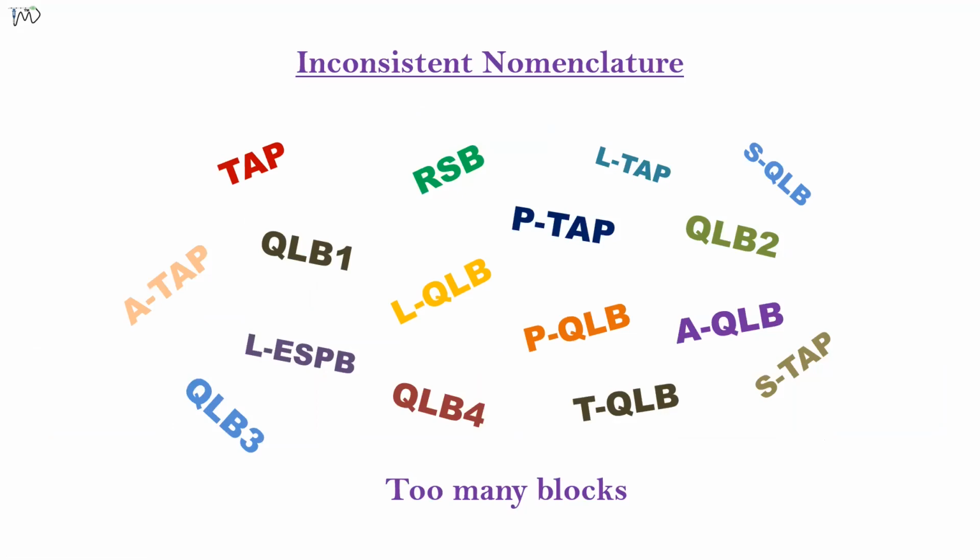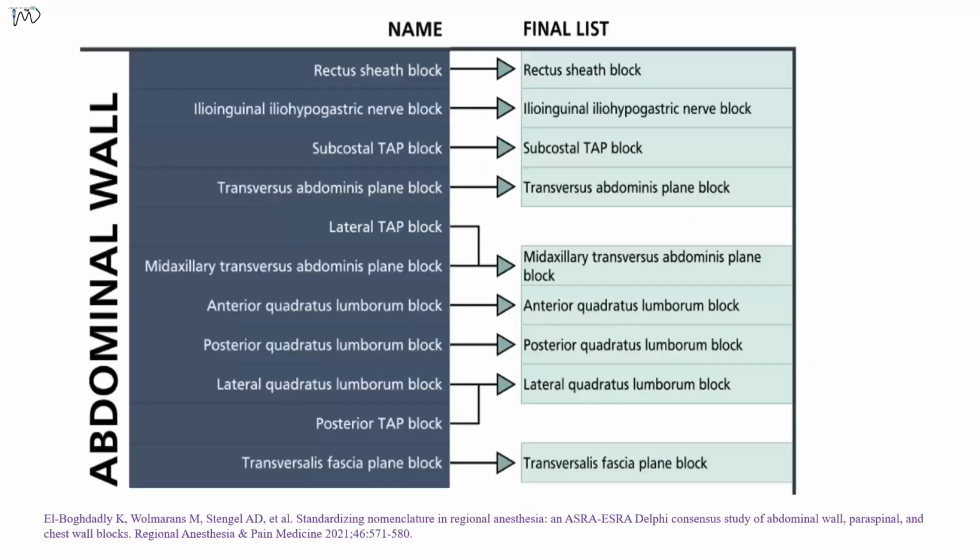There is significant heterogeneity in the nomenclature and anatomical descriptions of various abdominal wall blocks. This creates confusion in education, research, and implementation into clinical practice, which affects the teaching and training of regional anesthesia.